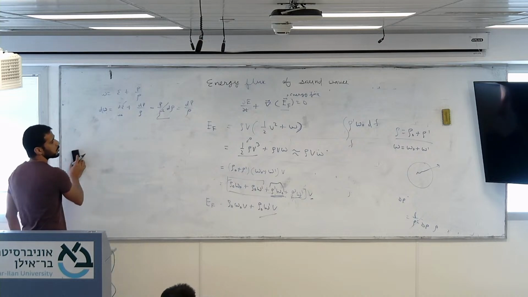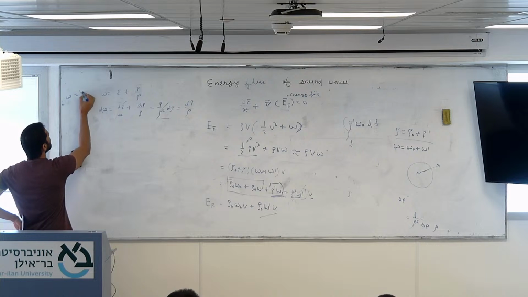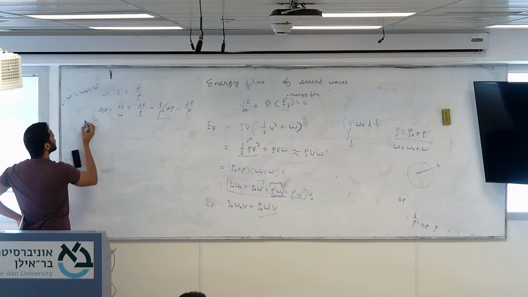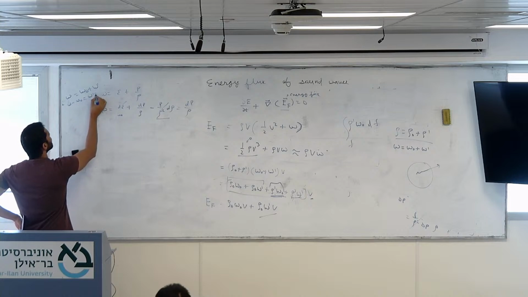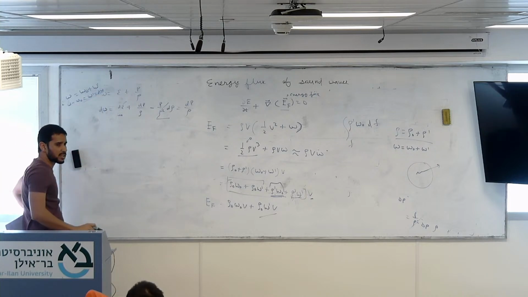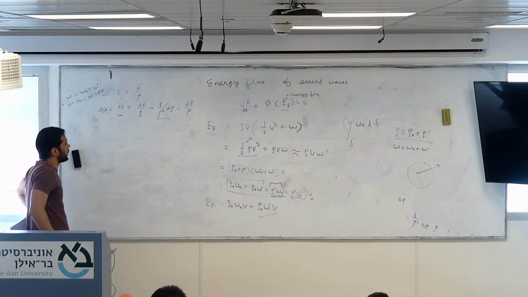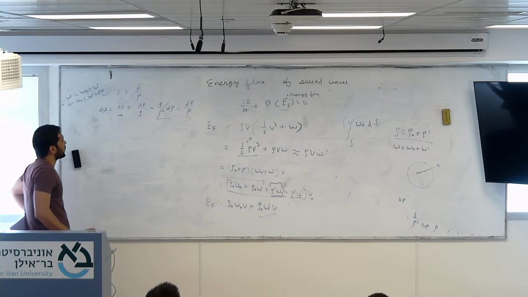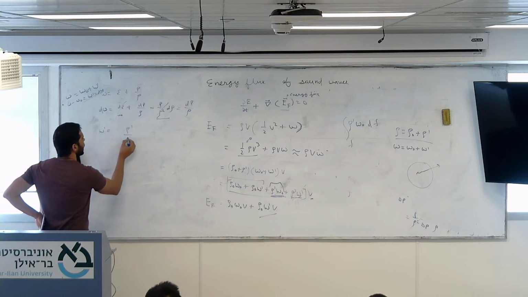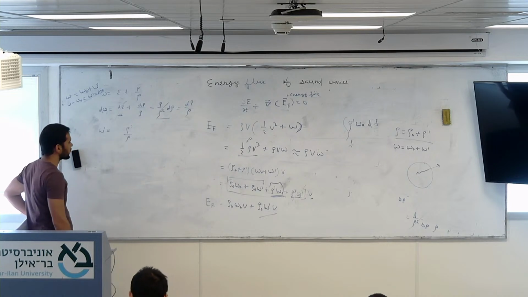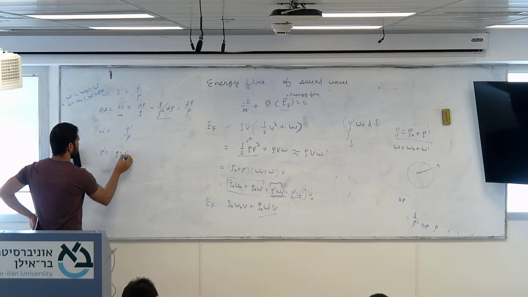What is dW? dW is just W prime. Okay? It's the change in specific enthalpy. So this is W prime, P prime over rho. So P prime equals W prime.